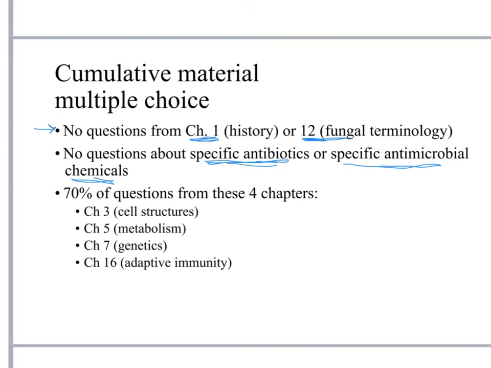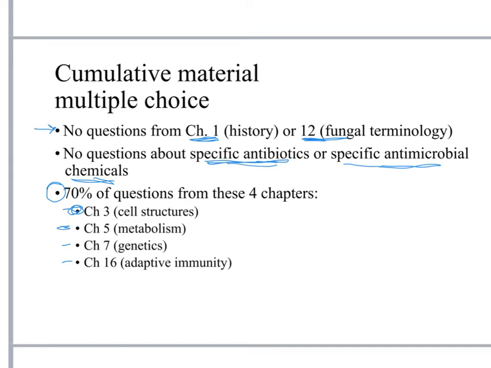If you do go back and review a little bit, I would suggest that you pick one of these four chapters to review. Chapter 3, remember, those are our cell structures, and a lot of those we have talked about other times throughout the course. Certainly the cell wall we've spent a lot of time on. So maybe brush up on some of those structures.